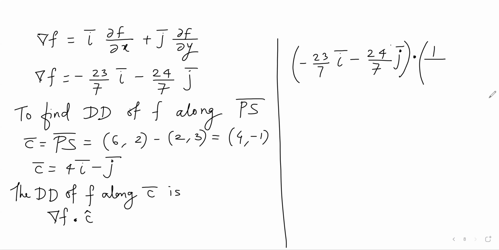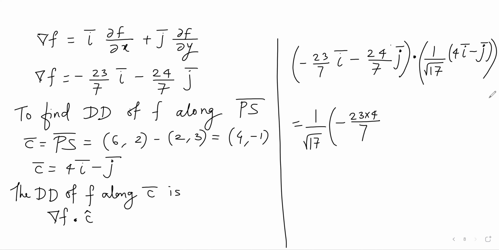So it is 1 upon root of 16 plus 1, so 1 by root 17 times 4i bar minus j bar. Correct. So what I get is 1 by root 17, I'll just take it out. Multiply the coefficient of i bar, so minus 23 into 4 by 7 plus 24 by 7. So what is this?